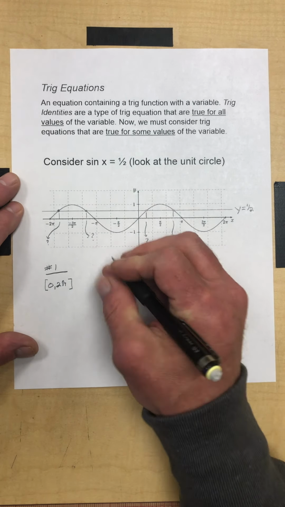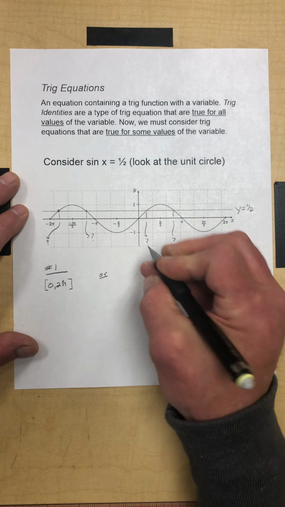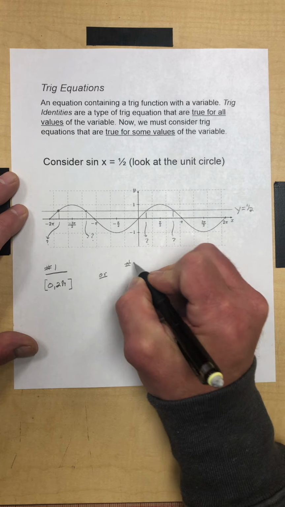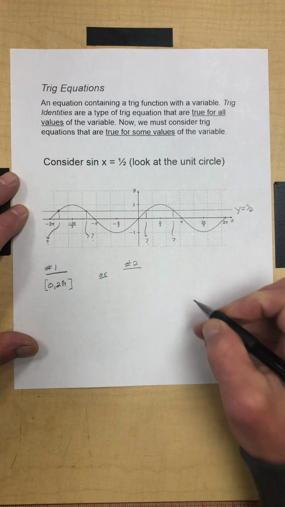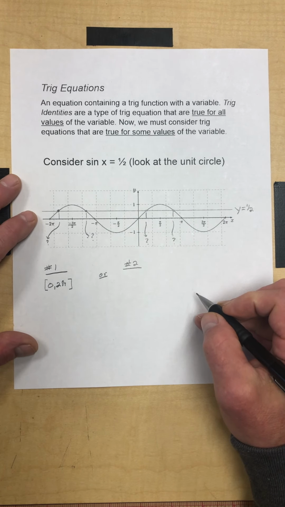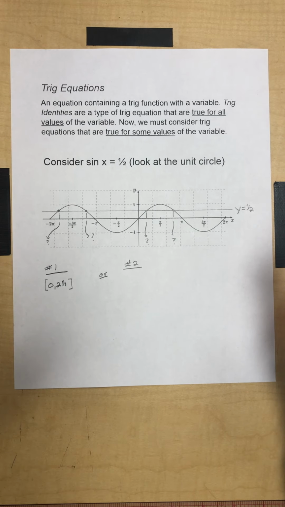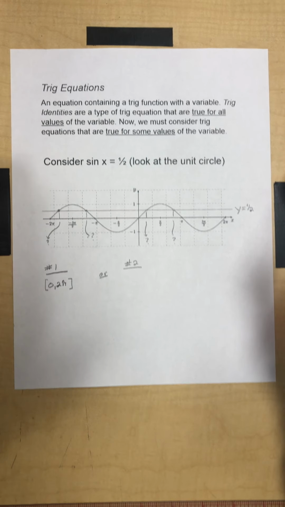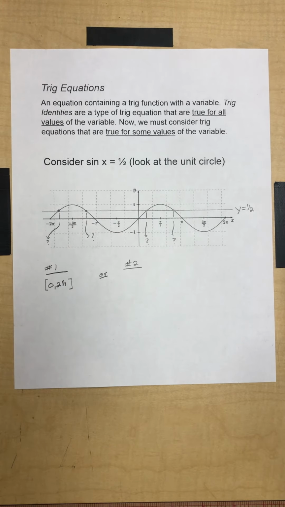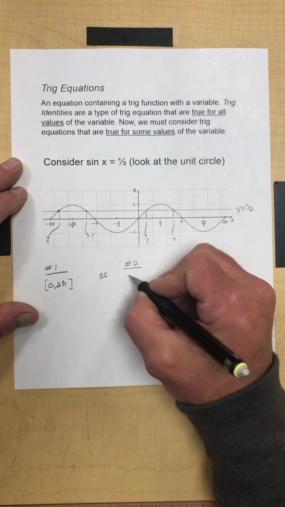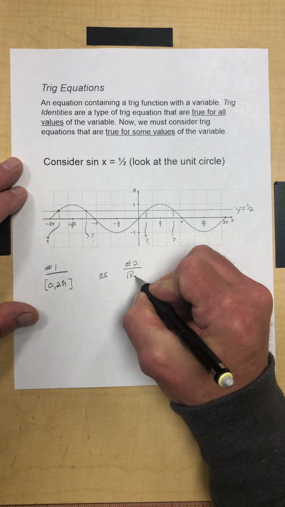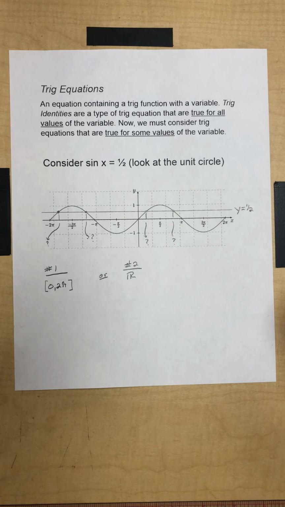Or another way to deal with it is we solve it on the set of real numbers. So we want to represent all of those solutions. On the set of real numbers, what are all of the solutions?